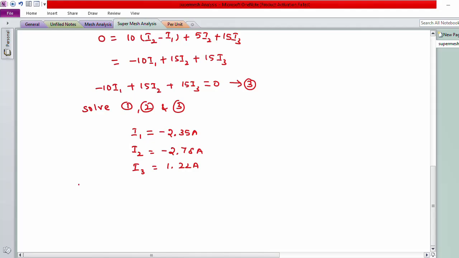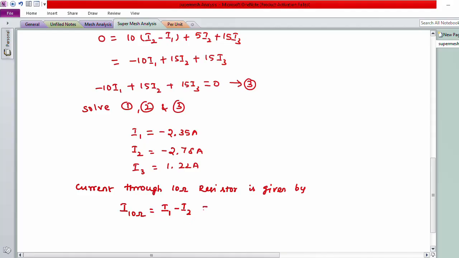So the last step: the current through the 10 ohm resistor is given by I10Ω = I1 − I2.